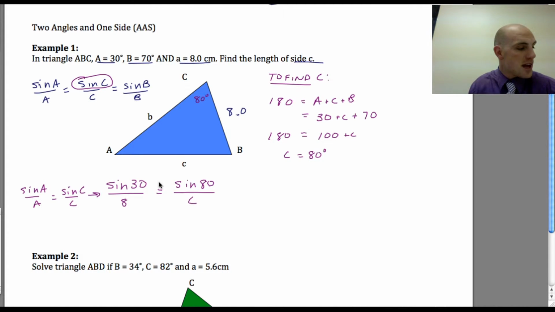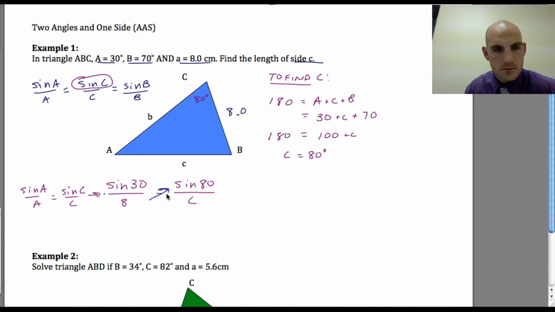So when we do this actual calculation, we cross multiply. In blue here, I'm going to solve for C. In order to do this, I am going to need to cross multiply.